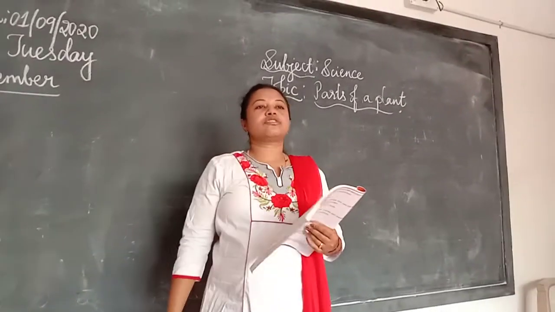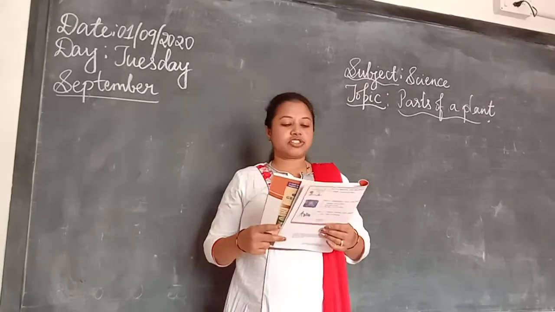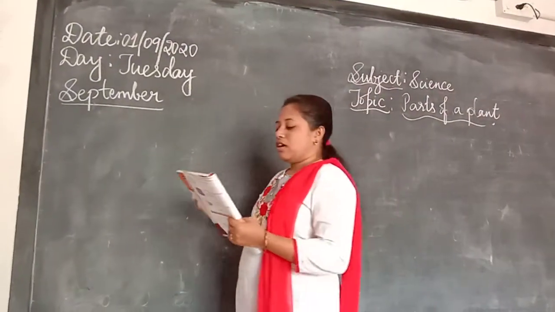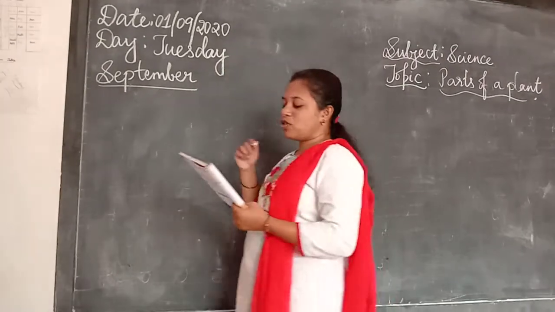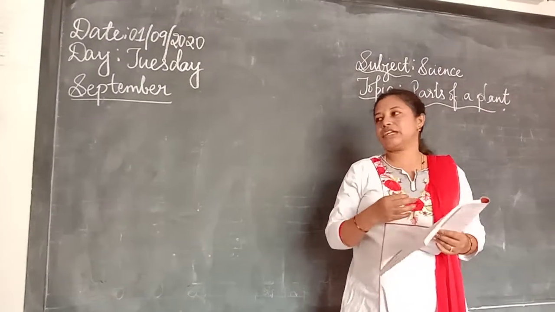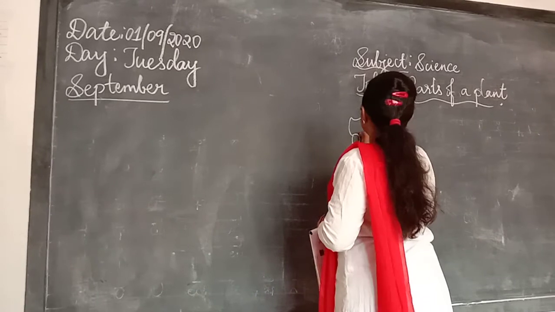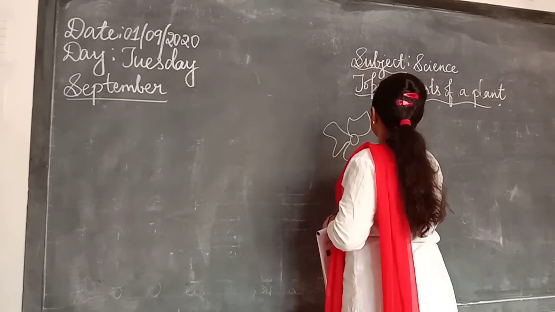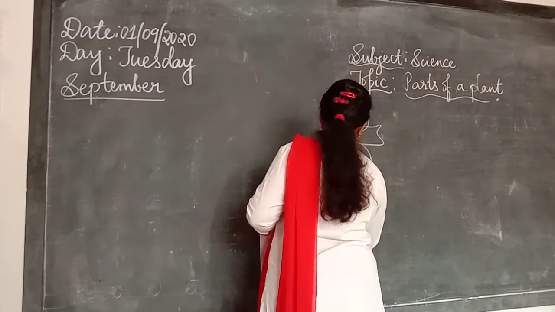In the earlier class we learned about the different parts of a plant and their functions. In this class we will learn in more detail about the functions carried out by the different parts of a plant. So see, suppose I am going to draw a little small plant like this.